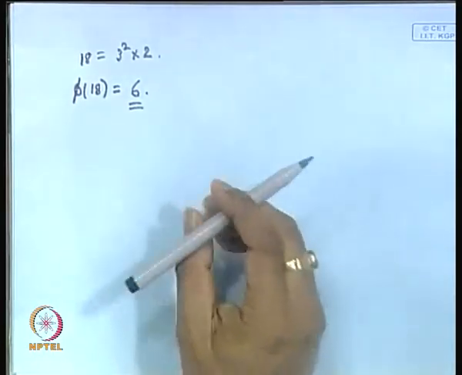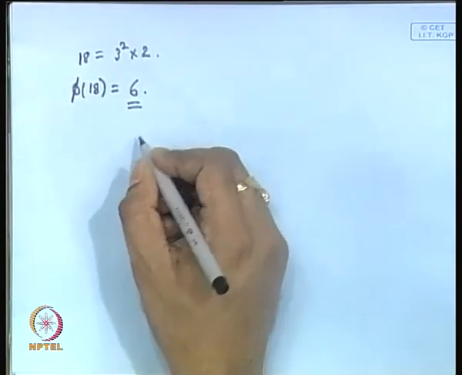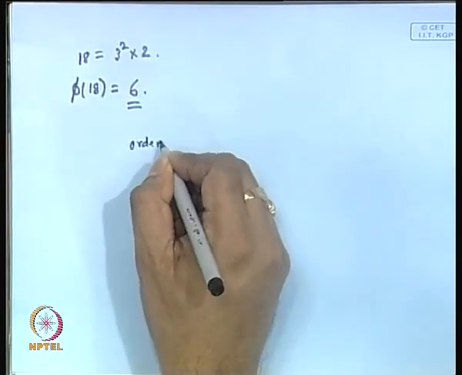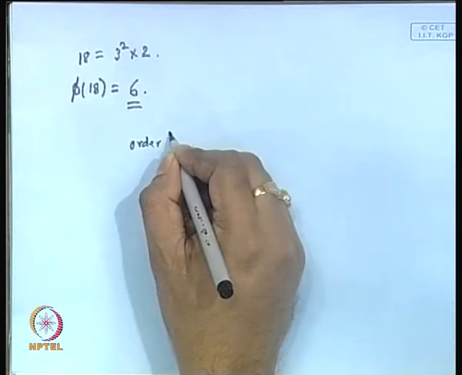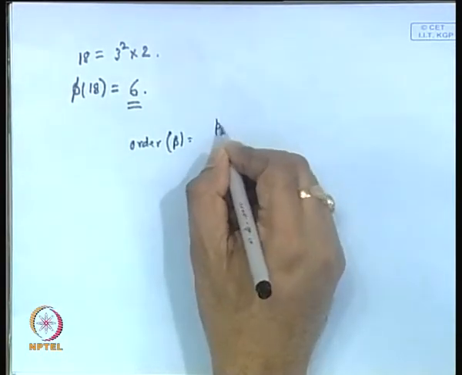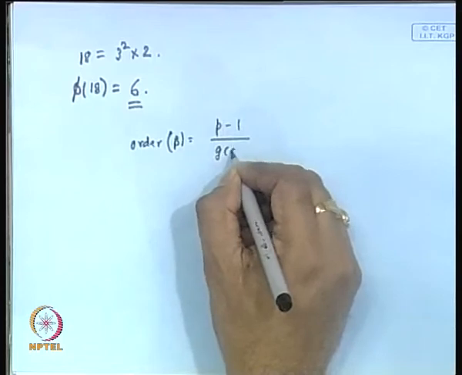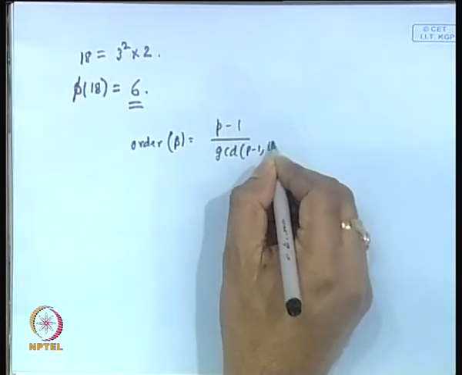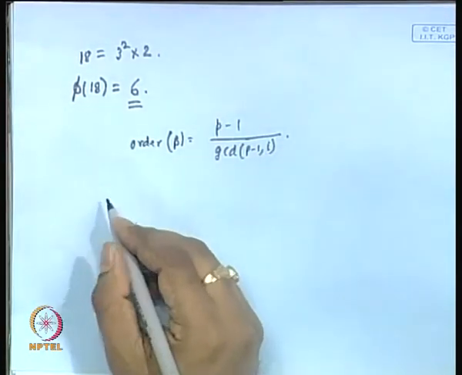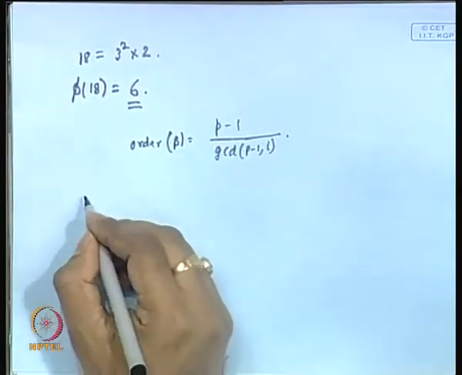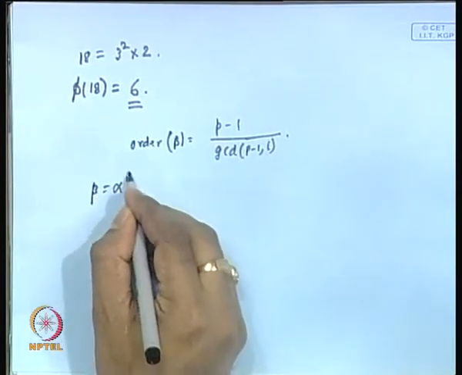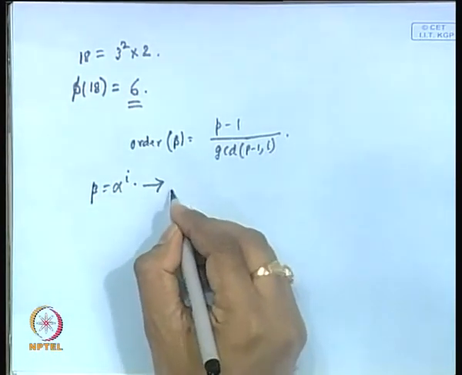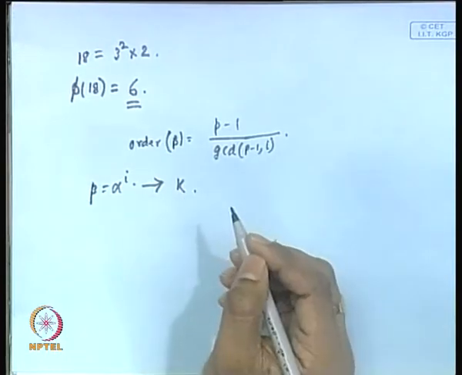Okay. So now why the order of beta is equal to p minus 1 divided by GCD of p minus 1 comma i, we can also justify a little bit like this. I will give you a simple proof for this. Take beta equal to alpha to the power of i, and let the order of this element be k, where k is some positive integer.